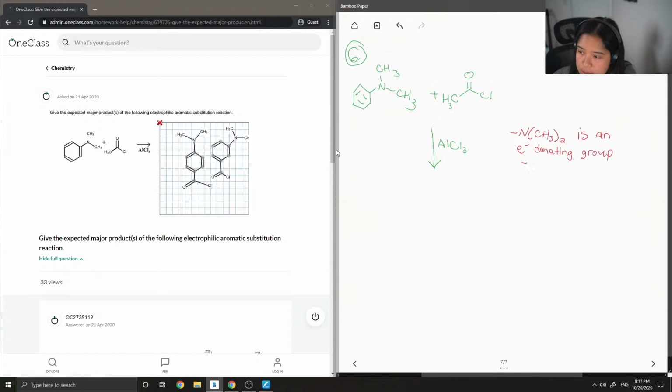So in this case, it'll form either the para or the ortho product. So let me write out what this would look like.